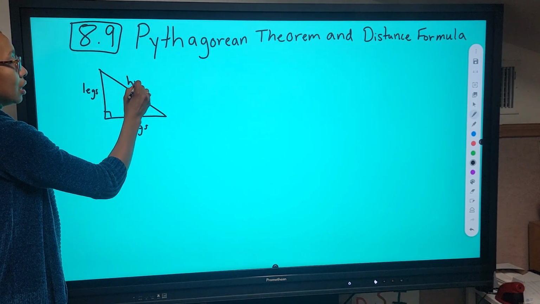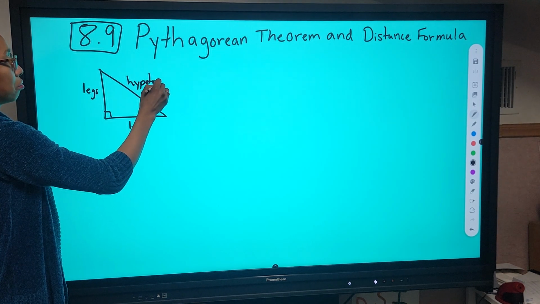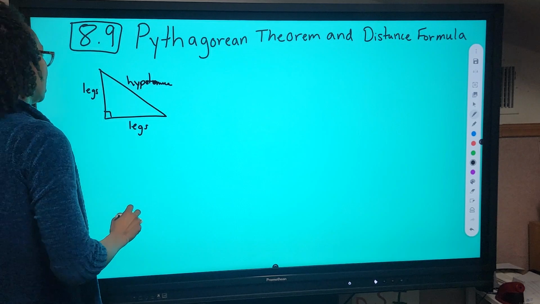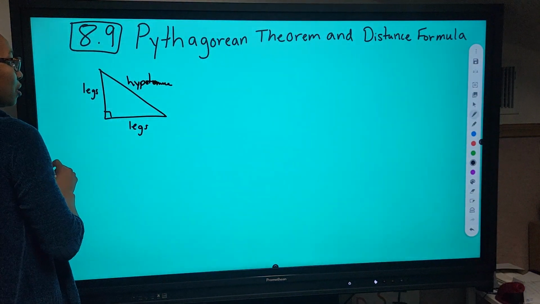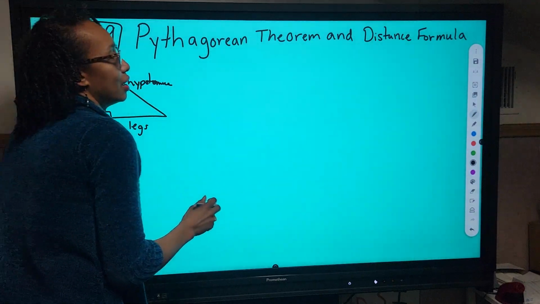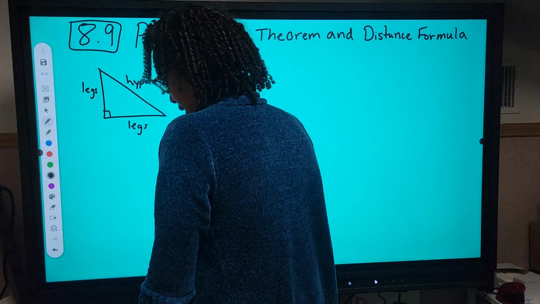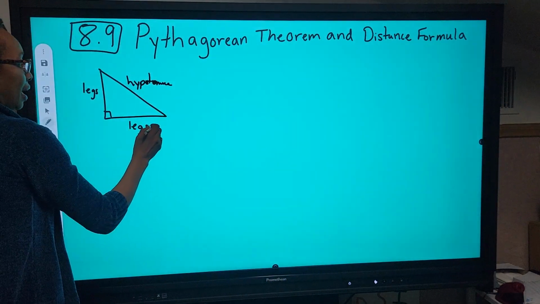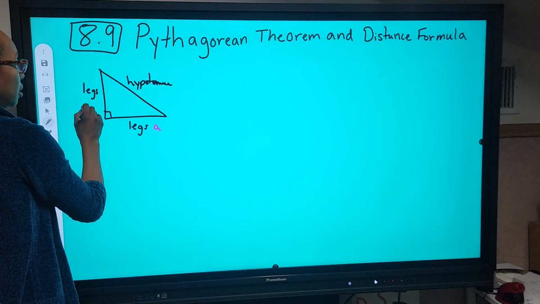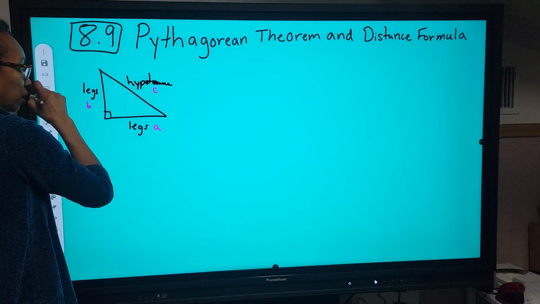The longest side is the hypotenuse. Sorry, you can't really see that, but it says hypotenuse. The hypotenuse is the longest side, and if we are assigning letters to it, they typically assign the letters A, B, and C, with A and B being the legs and C being the hypotenuse.